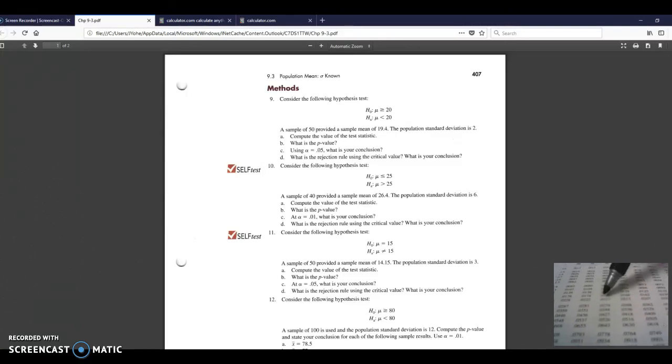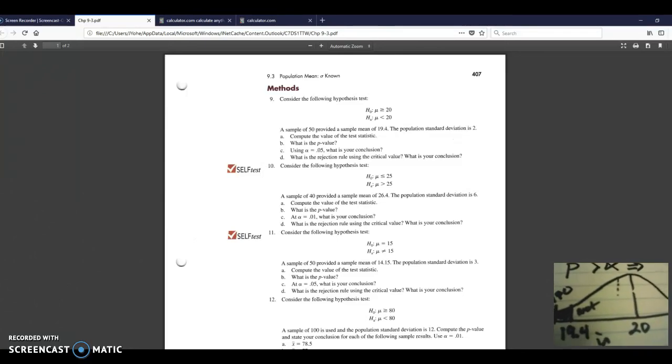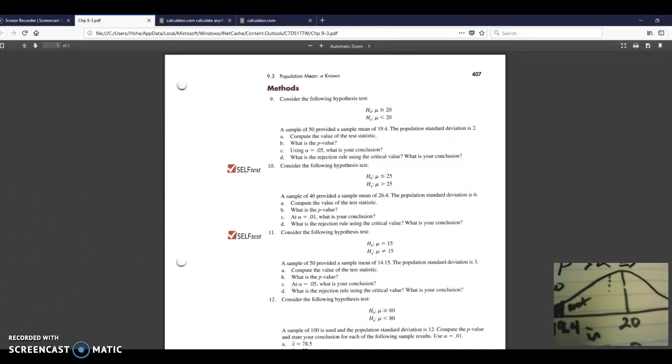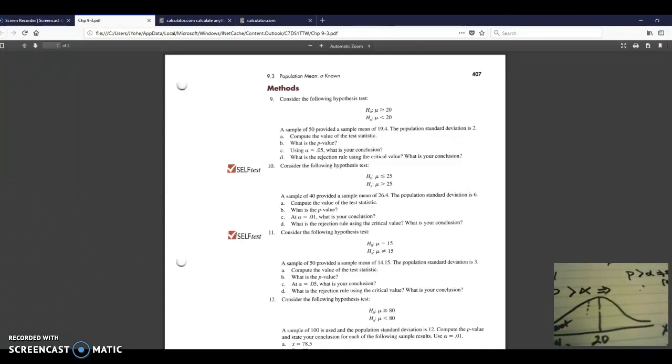That came out to be 0.0170. We can compare that p-value to our alpha and say that p greater than alpha, therefore we fail to reject our null hypothesis. I hope this helps you.